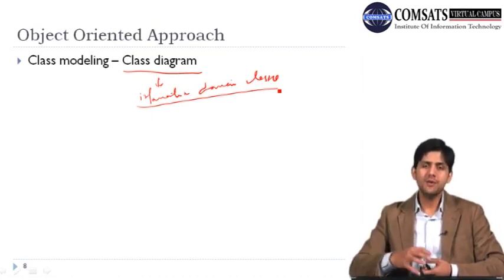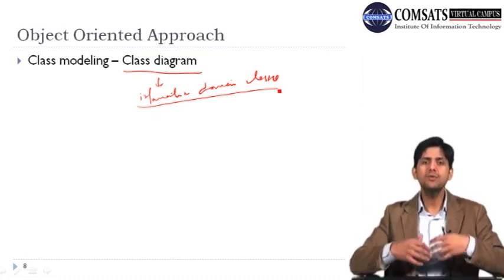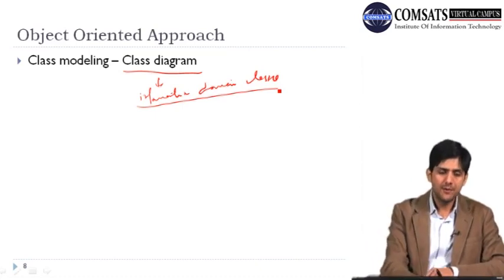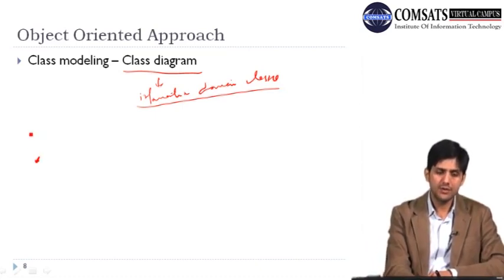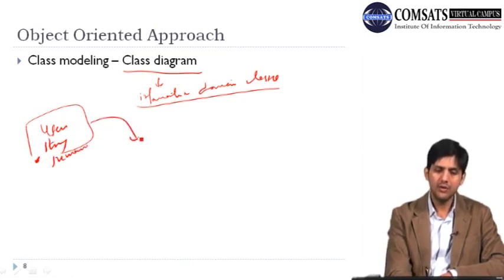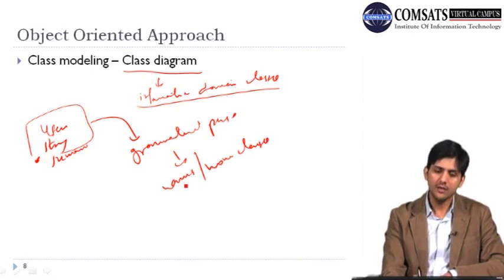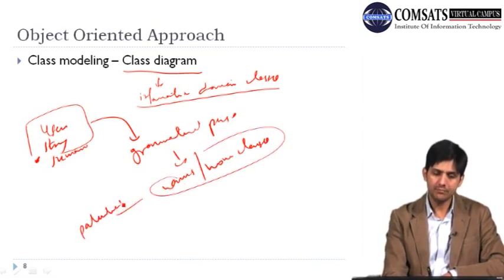So we have all those scenarios, and from those scenarios we do a grammatical parse. Let's say we have this big user story or scenario that we have gathered in elicitation. Through that grammatical parse we identify all the nouns and noun clauses, and we say that these nouns and noun clauses are my potential classes.